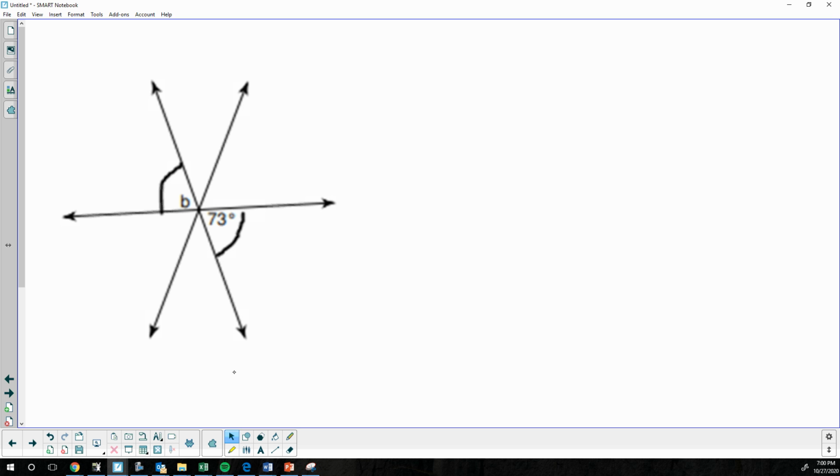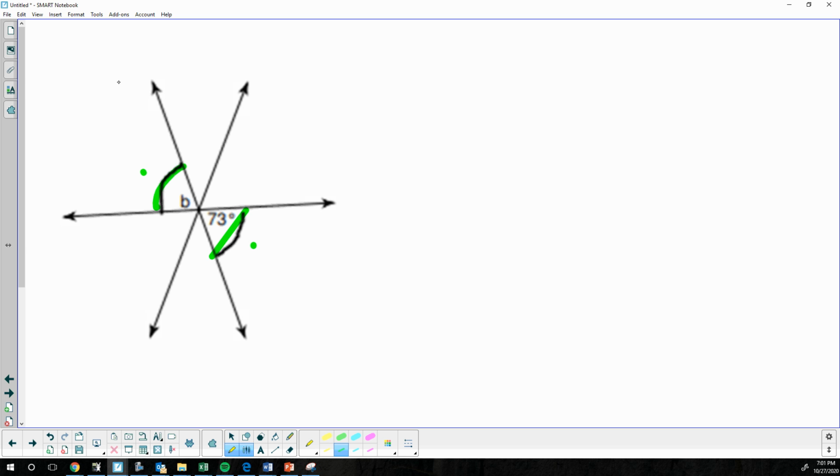Okay, so our first one, you always start with marking the angles that we're looking for. So the first thing you want to do is, if we're talking about these two angles, what is the relationship between these two angles?